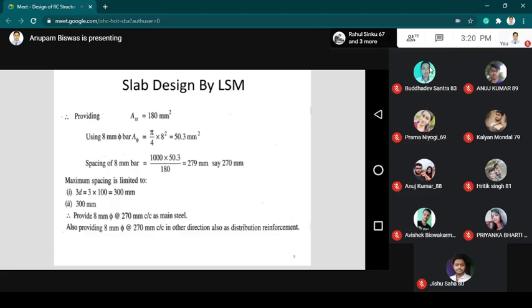It is not crossing the maximum limit, so we can provide 8 mm bars at a distance of 270 mm center to center for the main steel.